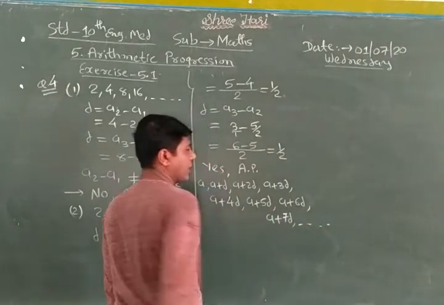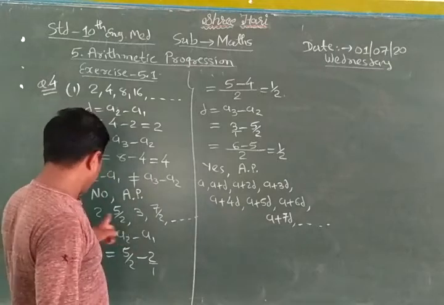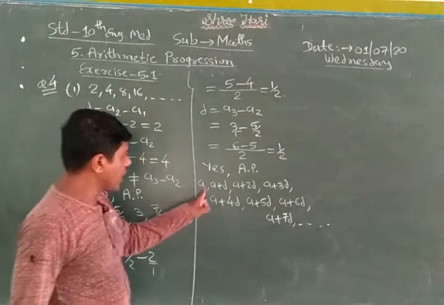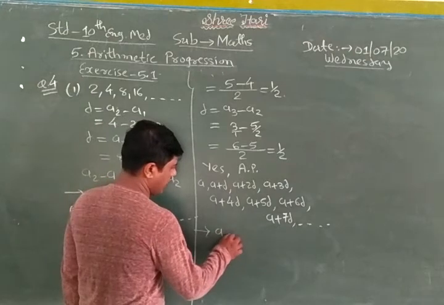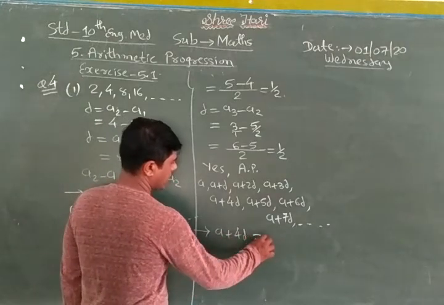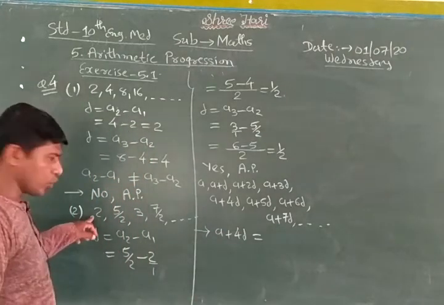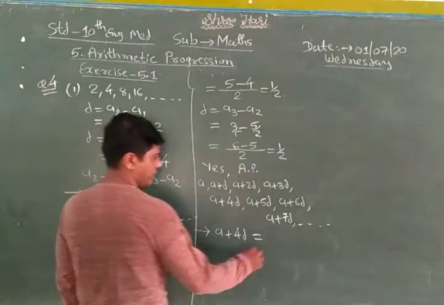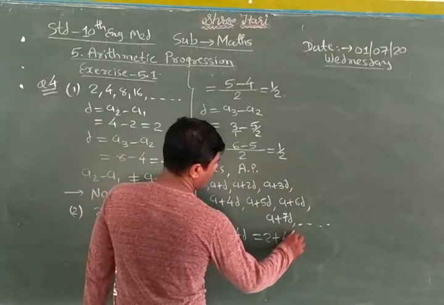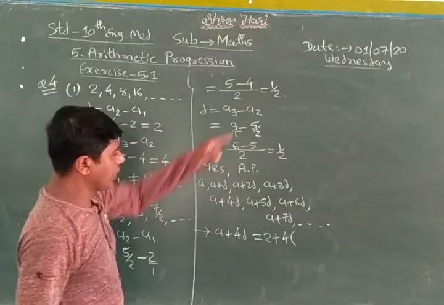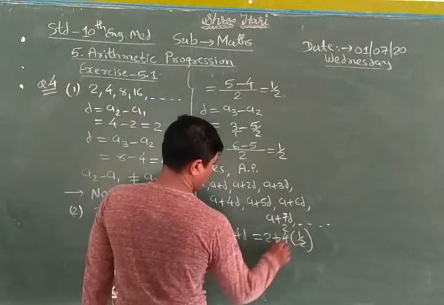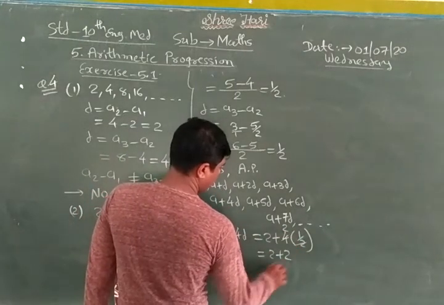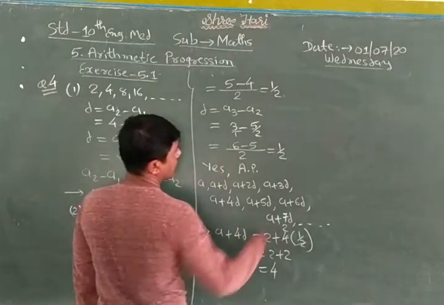This is the type of arithmetic progression. Start from here, A plus 4D. A here is first term 2, D is common difference 1 by 2. 2 twos are 4, 2 plus 2, answer is 4.